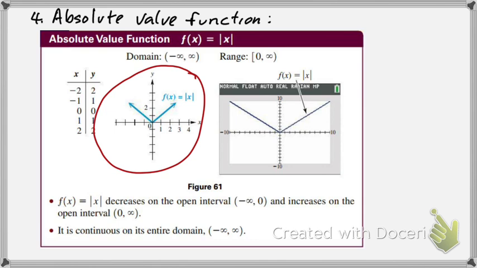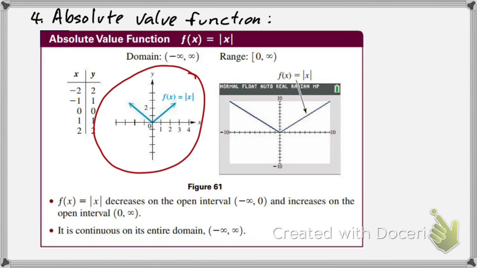No. So we know its domain is all real numbers, negative infinity to positive infinity. The range, notice it can't get lower than 0. It cannot. So I know the range goes from 0 all the way up to infinity. Continuous? Yeah, I could draw that without lifting my pencil, even though it takes that sharp angle.